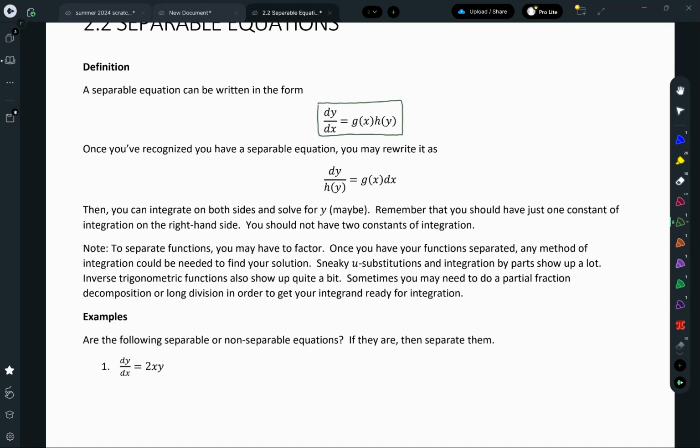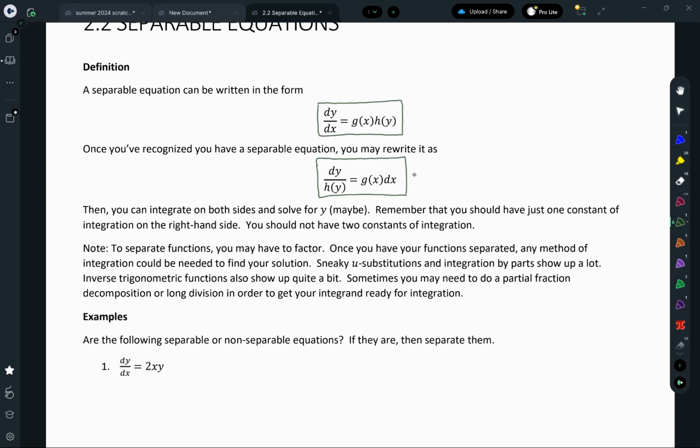Now the way that's written, what that's telling me is that g of x and h of y perfectly factor away from each other, so that we could maybe divide both sides by the h of y and multiply both sides by the dx to get into the second form, where we have dy over h of y, whatever h of y happens to be, is equal to g of x dx.